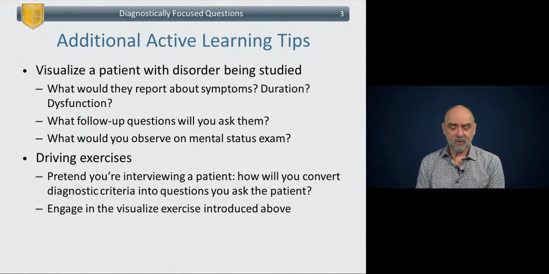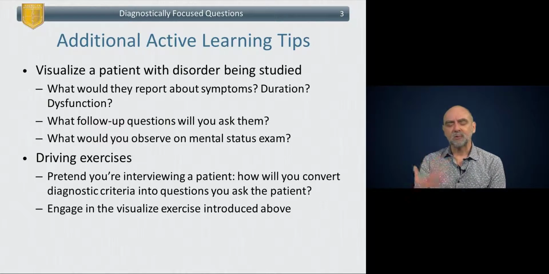Visualize a patient, if you've ever had one with a disorder that you're studying, and pretend you're there in your office, and they're explaining to you all of their symptoms, right? And then imagine, well, what symptoms do they have, and how long have they had them, and what kind of dysfunction do they have from it? And then you imagine yourself coming up with follow-up questions.